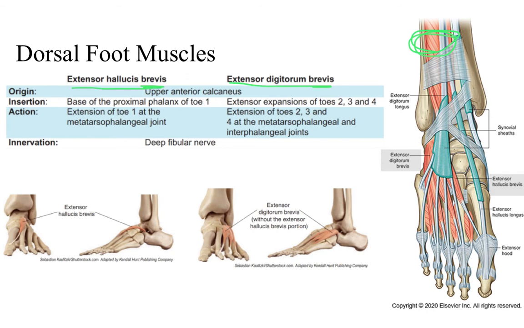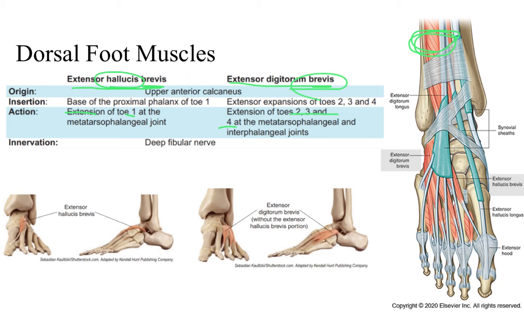But now they're shorter muscles contained solely within the foot, and they would provide the same function that those longer muscles do, which would be extension of toe 1 for the hallucis and extension of toes 2 through 4 for the brevis. Notice that 5 is not included here. That's only with the extensor digitorum longus.